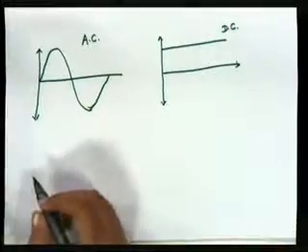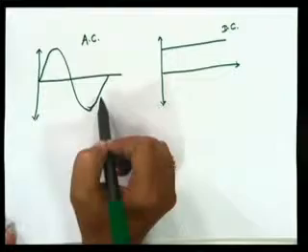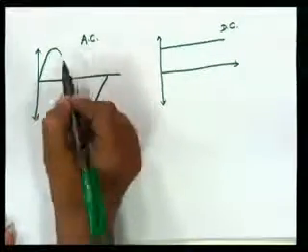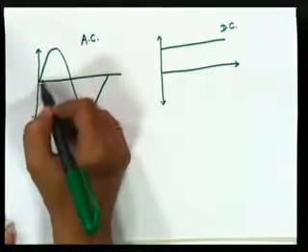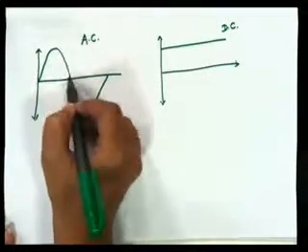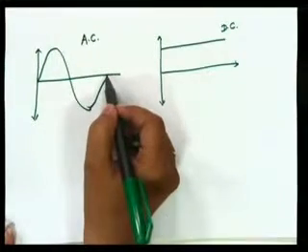This is your DC quantity. Now when you give an AC supply to a particular appliance, then what happens? Initially the value of AC is 0, then gradually it increases, reaches up to the maximum, again decreases, reaches a negative maximum and then goes back to 0.